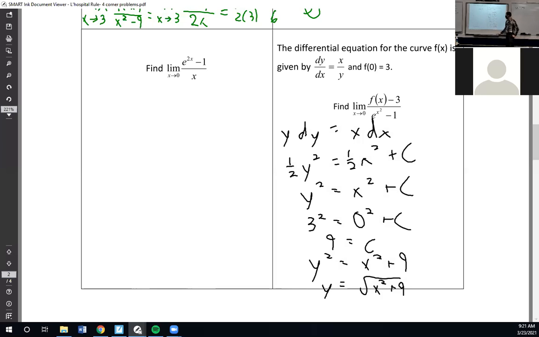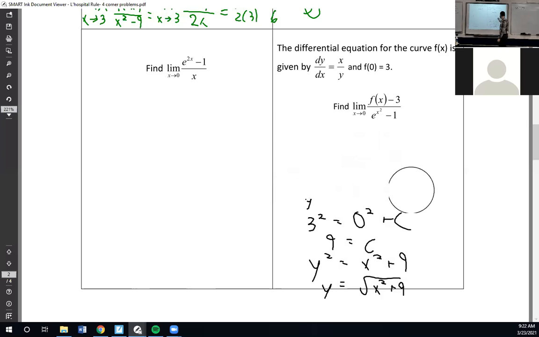Top and bottom are both going to be differentiable. I'll keep the y equals down here.